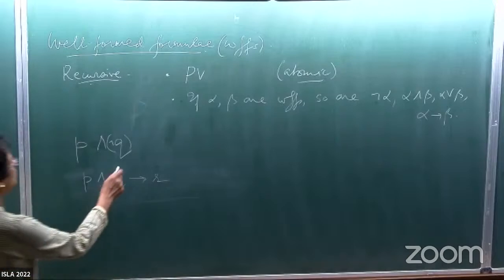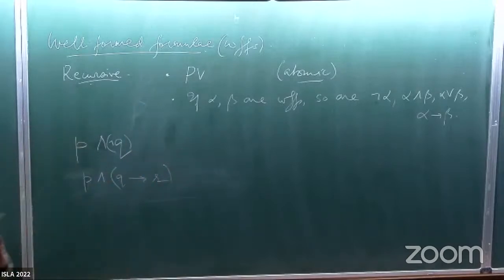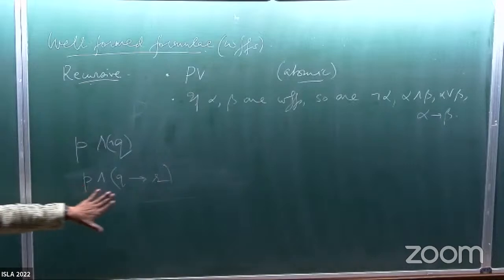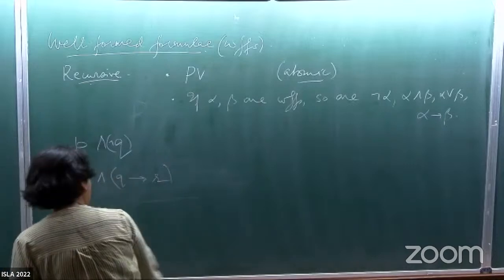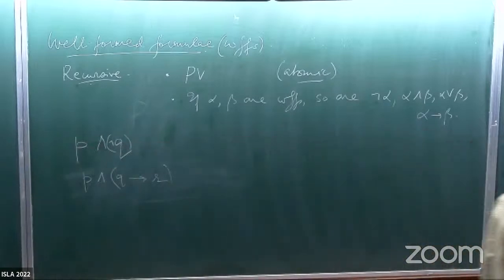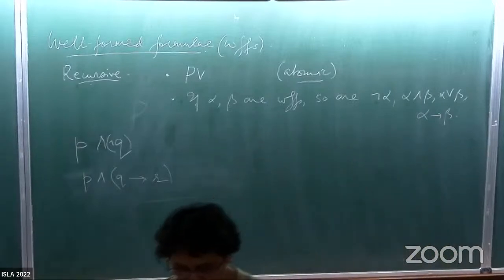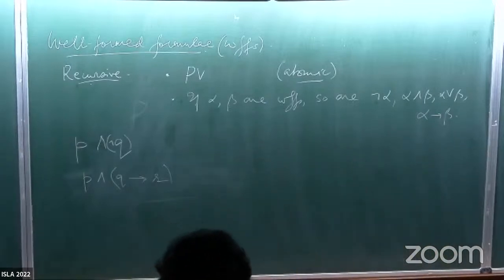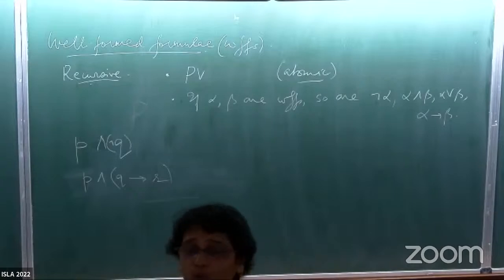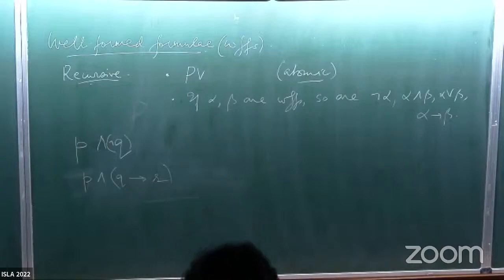So you can have left associative and all that, but just let's be careful about the brackets. Fine, good. So now that well-formed formulae are clear to us, propositional variables, as I already said, are supposed to be those simple declarative statements which take the value of true or false and nothing else.